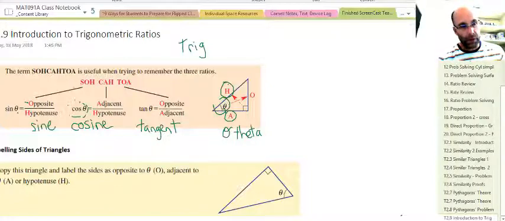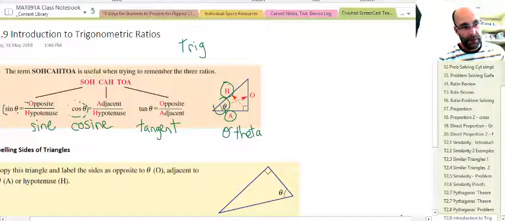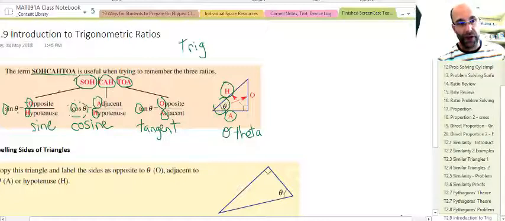So some people look at sine, S for sine, and O for opposite, and H for hypotenuse, and put all that together as SOH. Then they get C for cos, A for adjacent, and H for hypotenuse, and they put the C, A and the H together. They get the T for tan, O for opposite, and A for adjacent, and put those three letters together. And some people put it all together as one big sound, and that's called SOHCAHTOA.